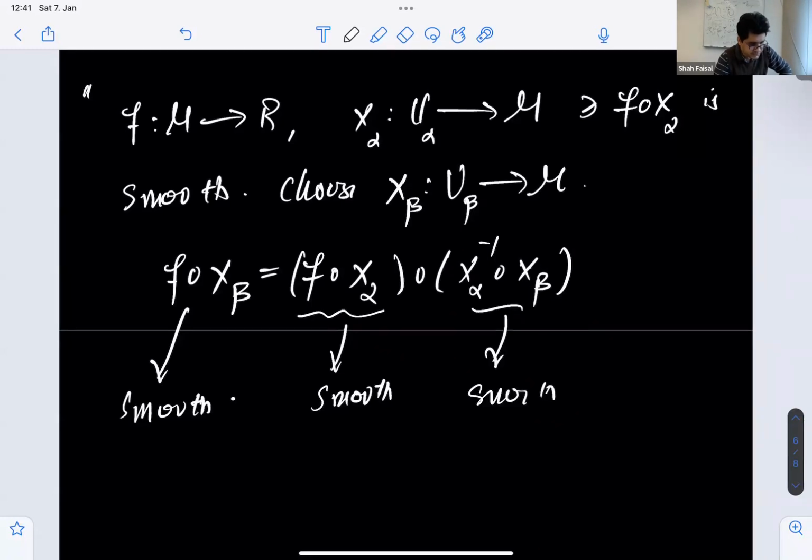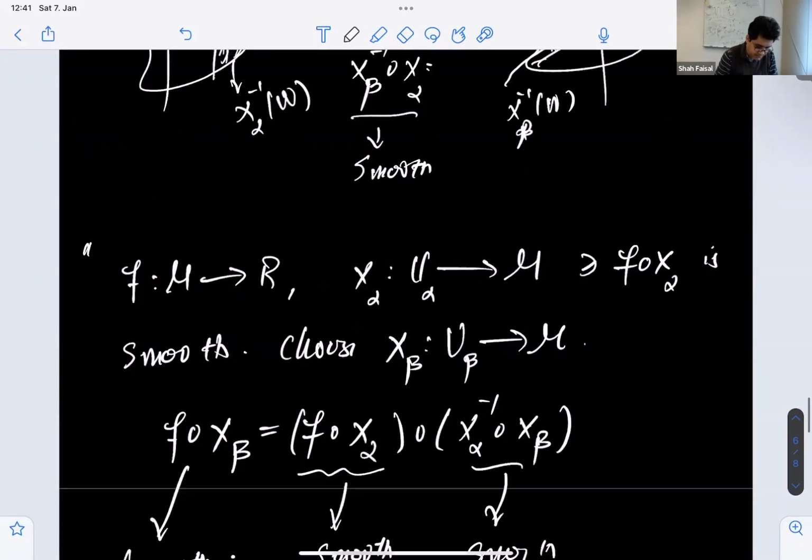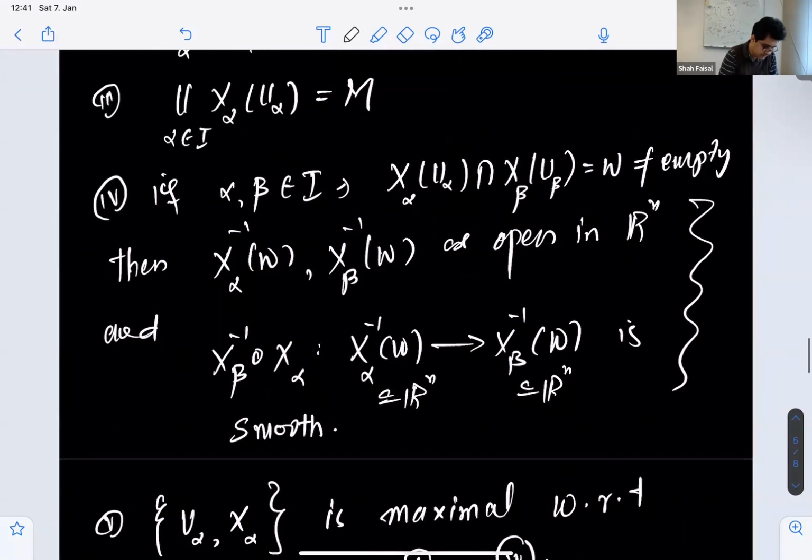So the notion of differentiability I gave you doesn't depend upon these choices. And that's because you have this extra interesting thing. And it's not just the differentiability. If you later define integrals of differential forms, this condition would tell you that these integrals don't depend upon the choice of these local coordinates and so on.